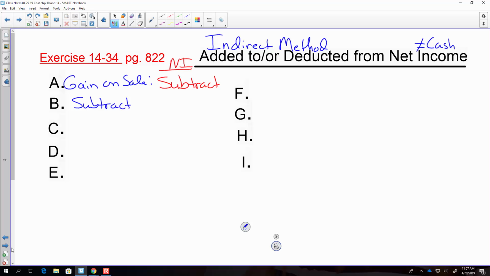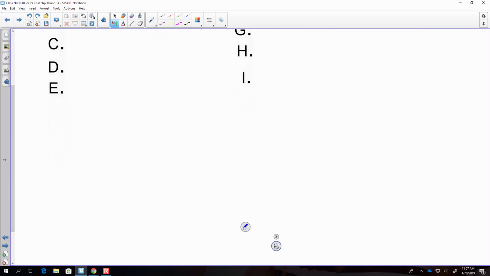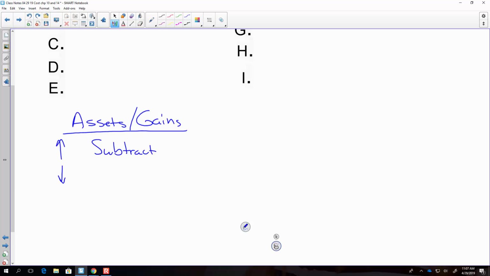Correct, Diane. So what Diane is saying, I'm just going to put it on here. Assets, gains: if the assets or gains are increasing, we subtract. If the assets are decreasing, or there's a loss, we add to reverse out the effect. All we're trying to do is convert that net income number to a cash number.